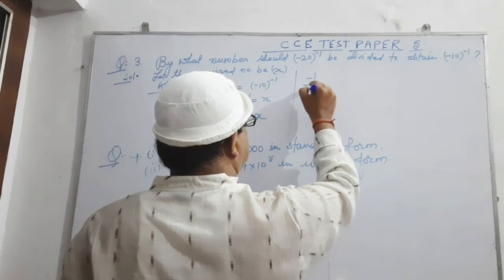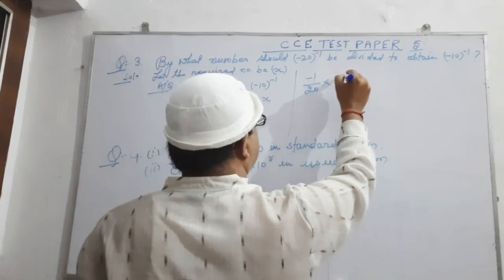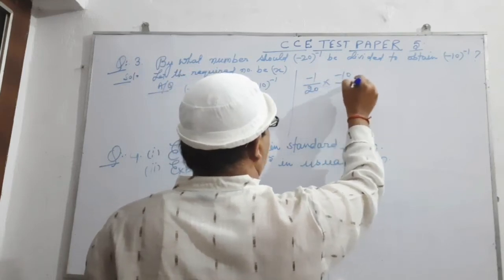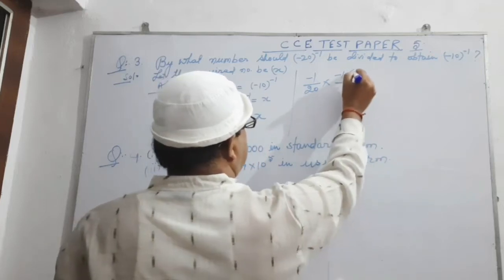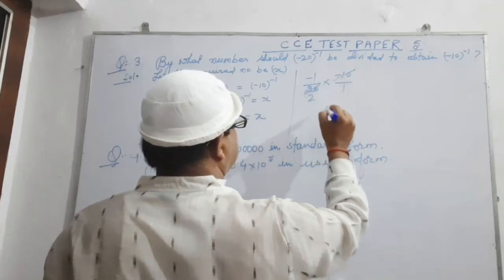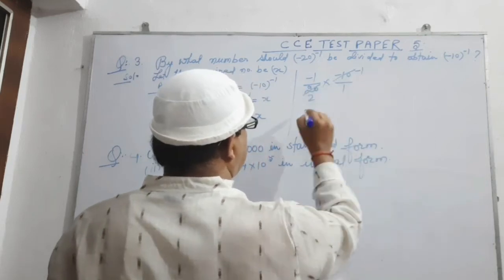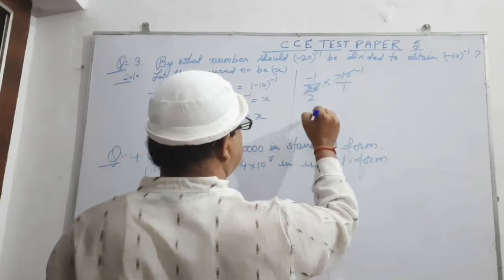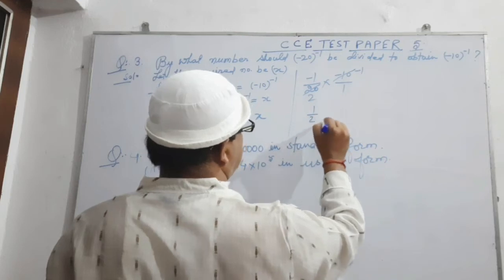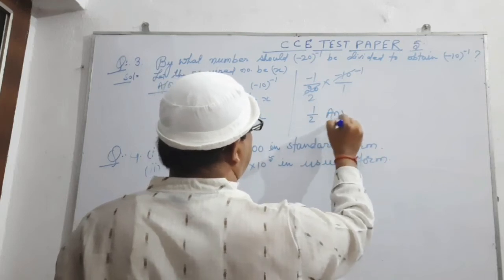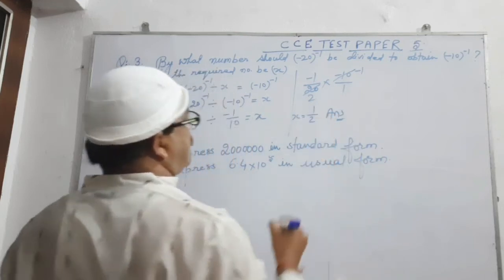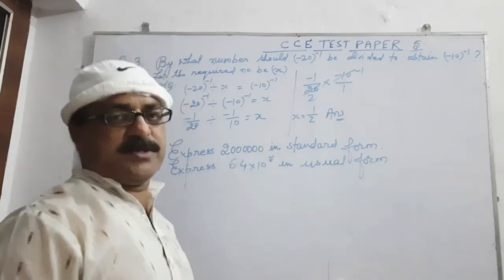Minus 1 by 20 multiplied by minus 10 by 1. Minus 1 multiplied by minus 1 is plus 1, so 1 by 2. The value of x is equal to 1 by 2. This is the answer.